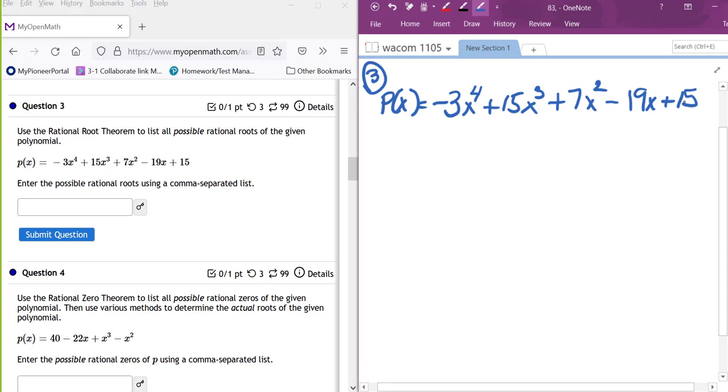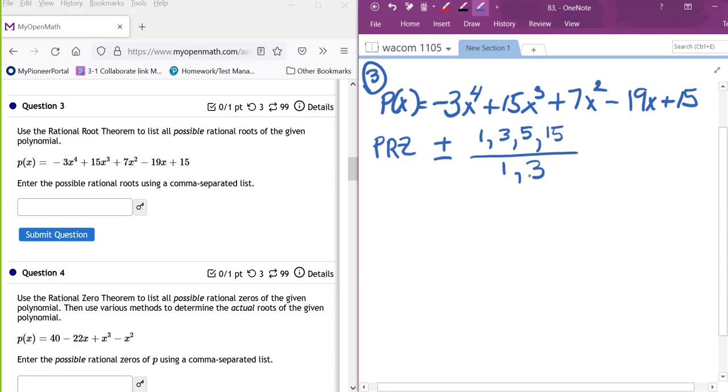Find your possible rational roots or possible rational zeros. And so it is plus or minus factors of the constant term. So 1, 3 goes in there, 5, and 15 over factors of the leading coefficient. This time we do have a number here, so factors of 3 are 1 and 3.